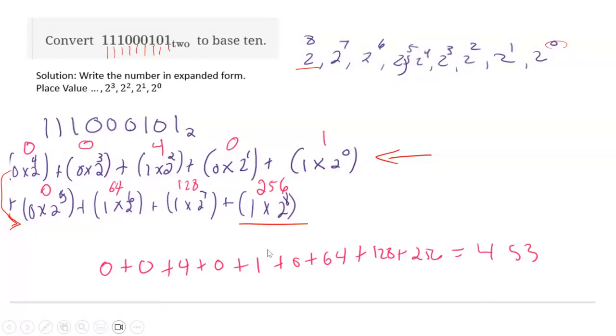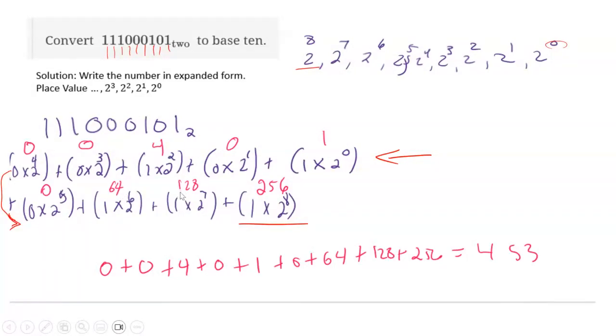So to find the answer, do all of your powers. 2 to the power 0 is actually just 1. 2 to the power 2 is 2, 4, 8, 16, 32, 64. That's actually the numbers that you see in pink.